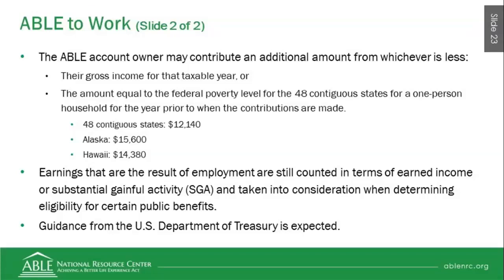And guidance from the U.S. Department of Treasury is expected. Now, that again is a lot of information packed into these couple of slides. So in essence, the ABLE to Work provision allows certain account owners to save up to $27,140, or even more if they work or if they live in Alaska or Hawaii.